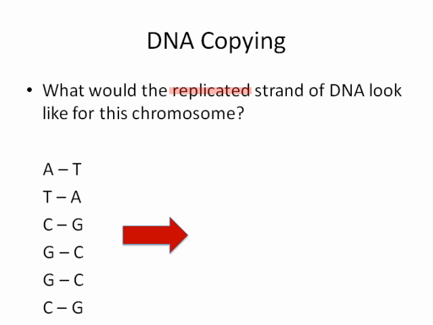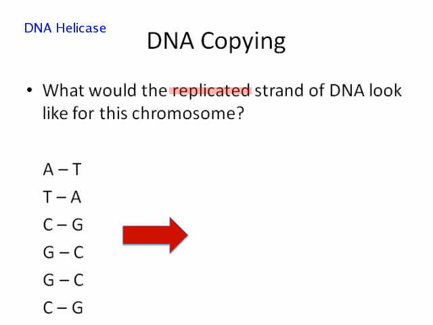And in order to do that, we need the assistance of an enzyme. The enzyme that is responsible for unzipping the section of DNA that needs to be replicated is DNA helicase. So DNA helicase is the enzyme that is responsible for separating out the 2 strands.